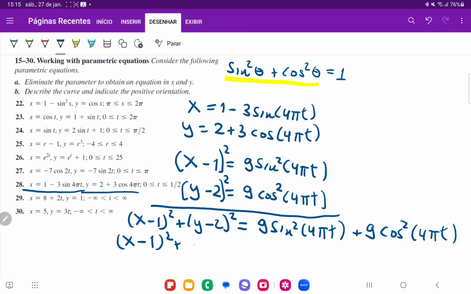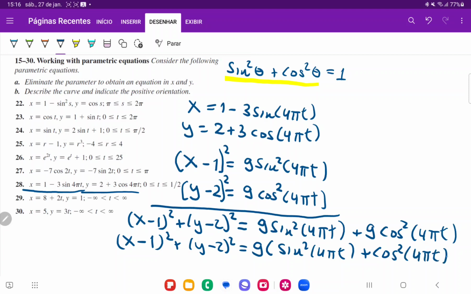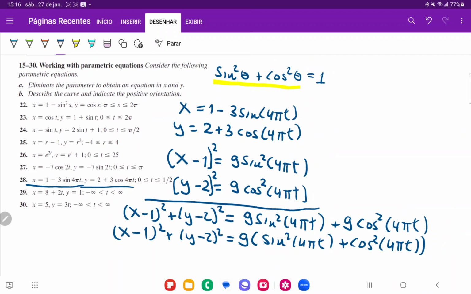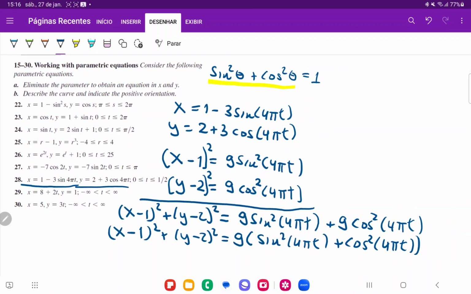So x minus 1 squared plus y minus 2 squared is going to be 9 times sine squared of 4 pi t plus cosine squared of 4 pi t. Okay, so once I have this, we can see that on the right-hand side, I have sine squared of an angle plus the cosine squared of that same angle, and it matches perfectly with our identity.